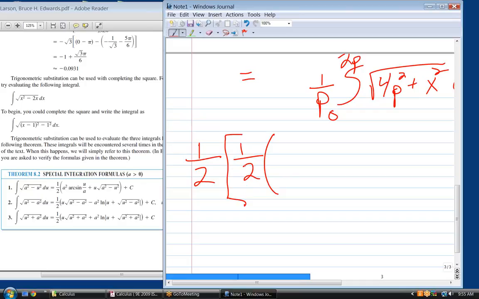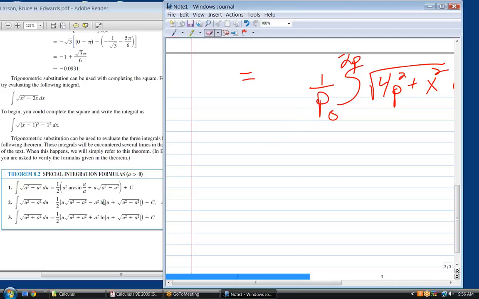Based on theorem 8.2, this 1/2, we don't have it twice. We just have it. That 1/2 right there is going to be outside our parentheses, and this 1 over p is outside our parentheses.